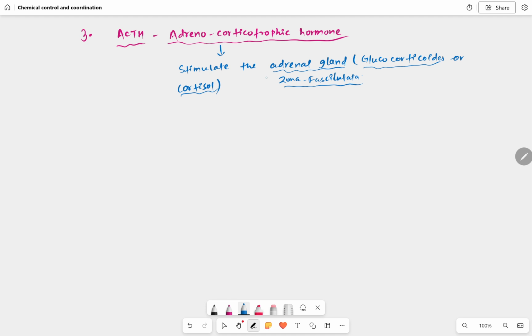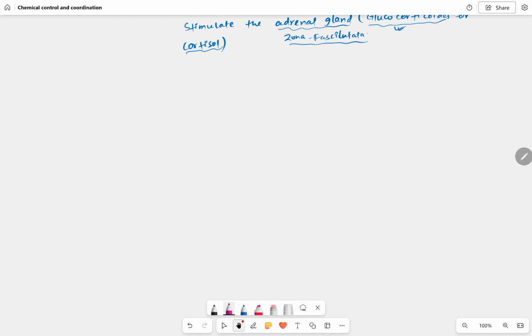Otherwise, just remember the adrenal gland is stimulated by ACTH for the production of glucocorticoids or cortisol. We'll learn it again when we discuss the adrenal gland. So just try to remember that ACTH stimulates the adrenal gland for the synthesis and secretion of cortisol.